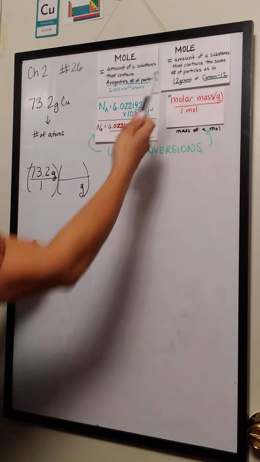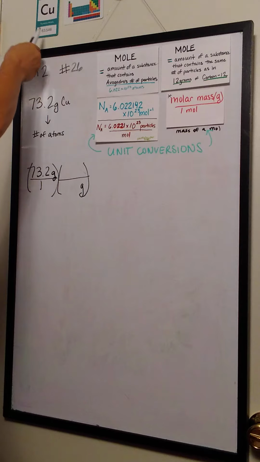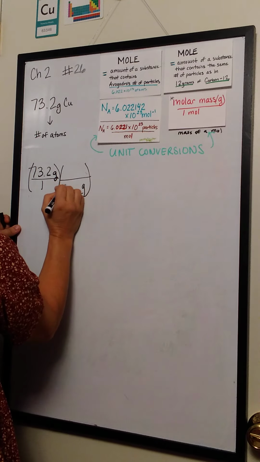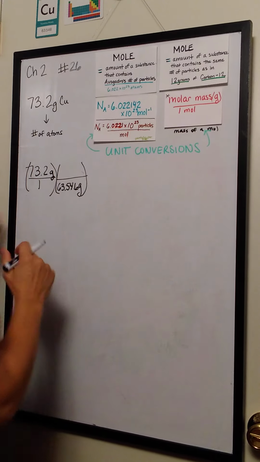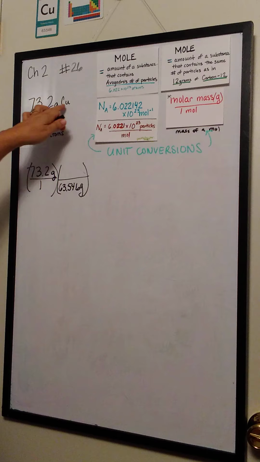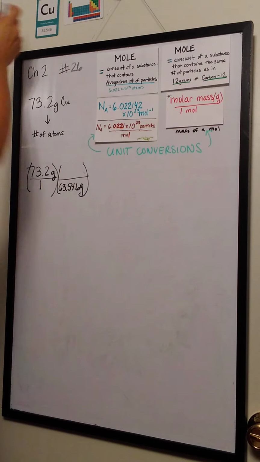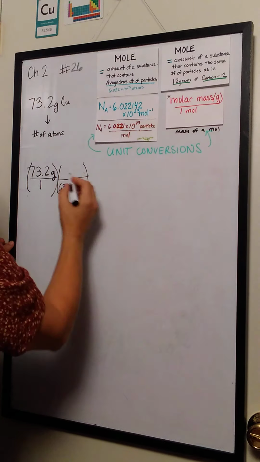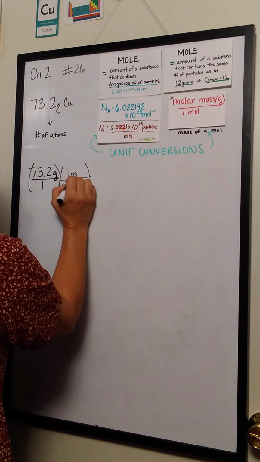The molar mass. So we're going to look up the molar mass of copper in the periodic table. I'm going to read it, 63.546. And because this is only one element, it is the same as the atomic mass. It's only one atom of copper. Molar mass from the periodic table. And then we're going to put that over 1 mole, right? Because the molar mass and the mole are equivalent.